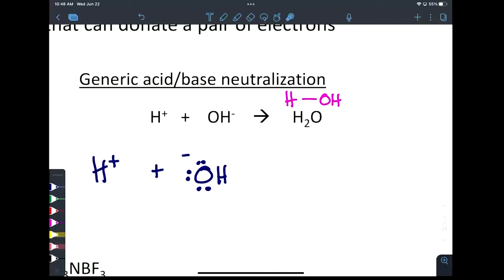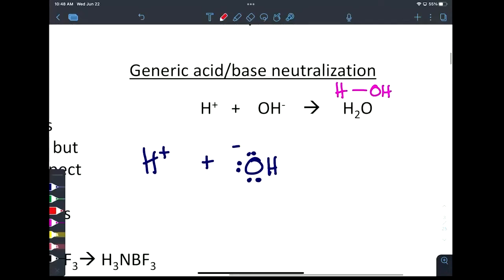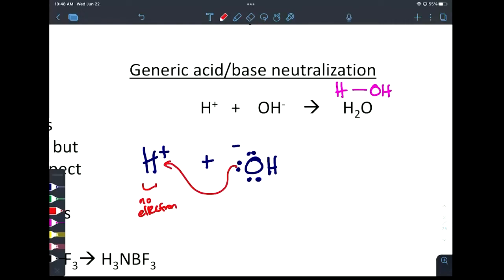So again, this is why in our Lewis acid-base definition, knowing where electrons go is really important. Because in order to form this bond, do you see how the electrons have to move? Hydrogen has no electrons to give or donate. So instead, it's going to accept those electrons from that OH, or that OH anion.